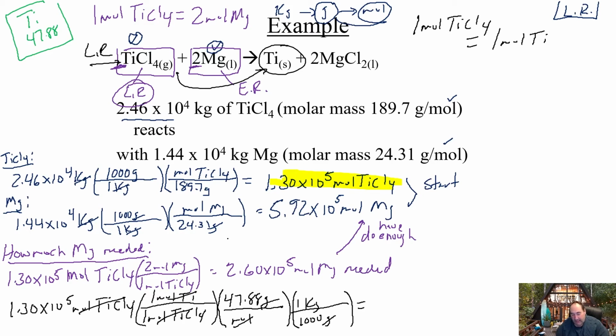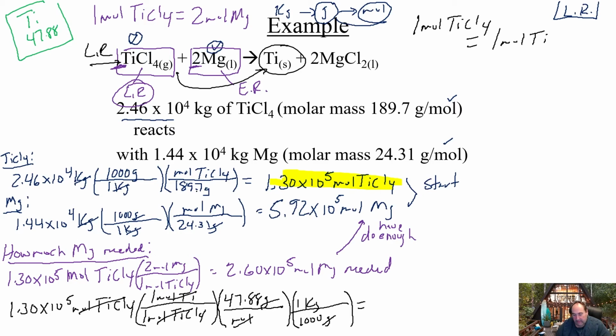And we're going to take 1.3 to the 5th, times it by 47.88, and divide by 1,000. Gonna give us, I feel like I hit the wrong number. I'm gonna try this one more time here. 1.3 to the 5th, and we are going to times it by 47.88.